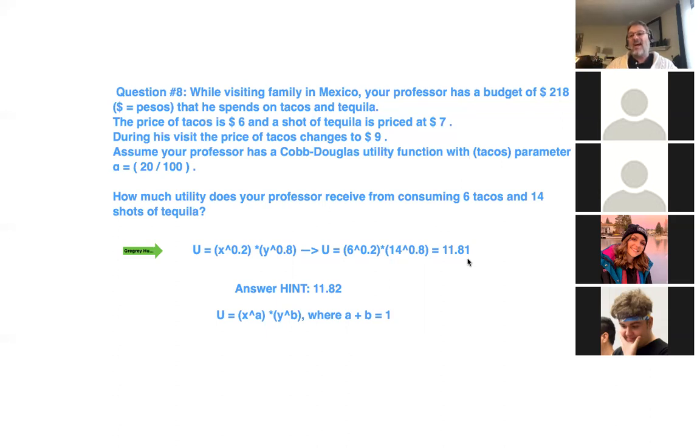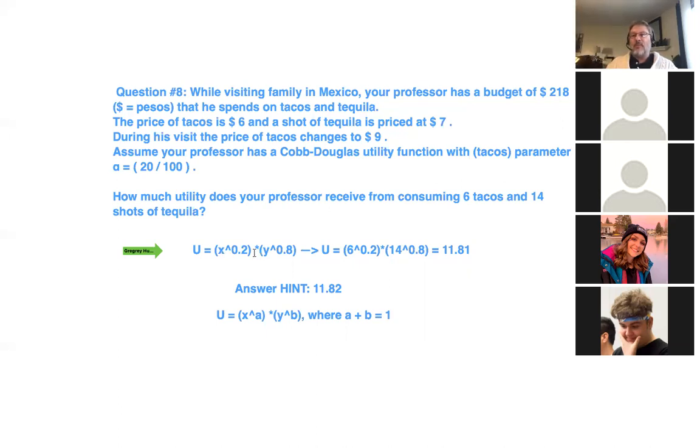We have a scale starting at 0, which is what we would get out of this function if we put in 0 shots of tequila and 0 tacos: 0 to the 0.2 power times 0, and 0 times anything is 0. So it goes from 0 to infinity, right?